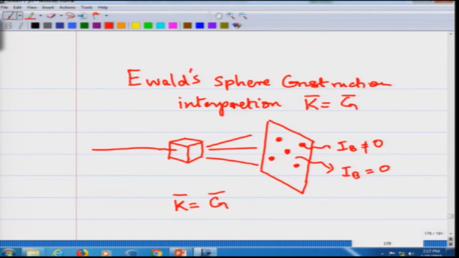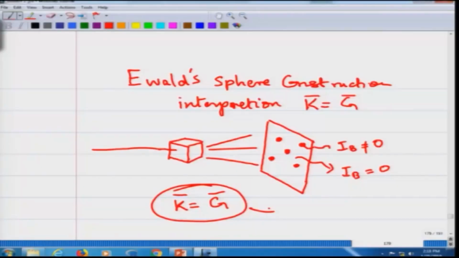So, these are your reciprocal lattice points which are satisfying this condition, which we have seen is coming when you look at the Ewald sphere. So, which points are going to give you finite intensity or diffracted beams are going to be governed by the points in the reciprocal space which are sitting on the Ewald sphere, and this is your interpretation of your Laue's condition.